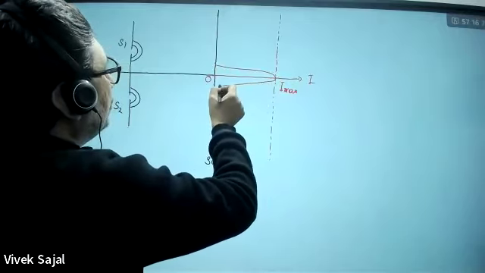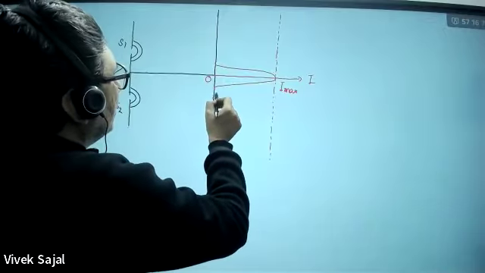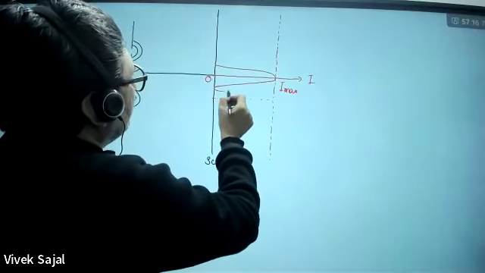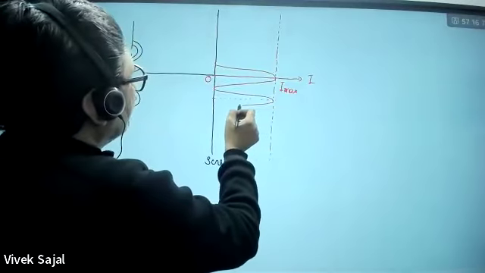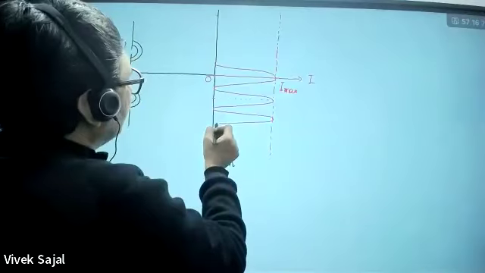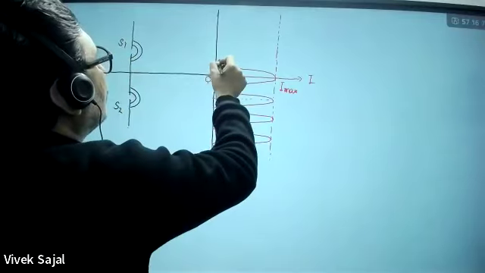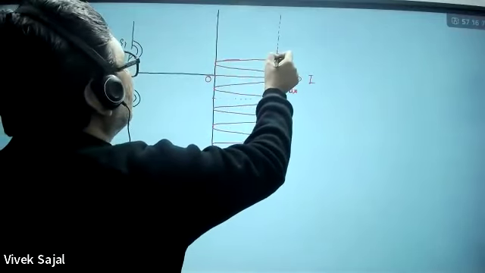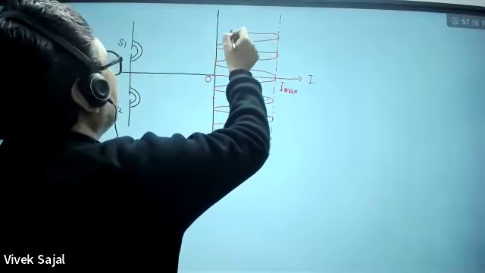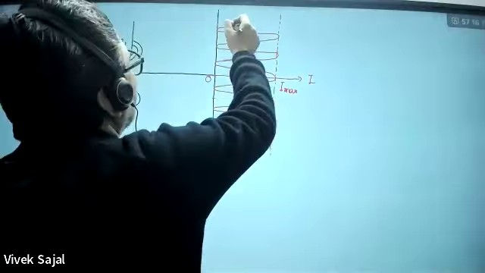This is the n equal to 0 fringe. The second maxima is suppose here. In this way, you are going to get different fringes on both sides. All these maximas are identical. Their widths will be the same. Everything will be the same.